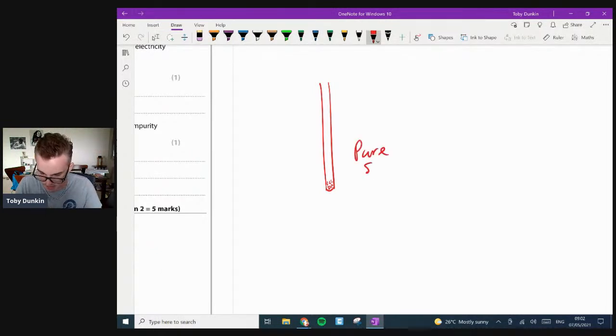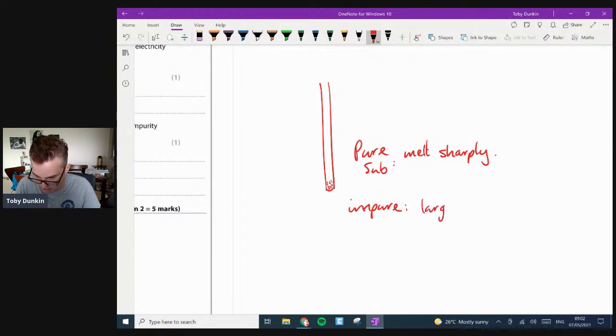So pure substances melt sharply. Whereas an impure substance has a large range of melting points.